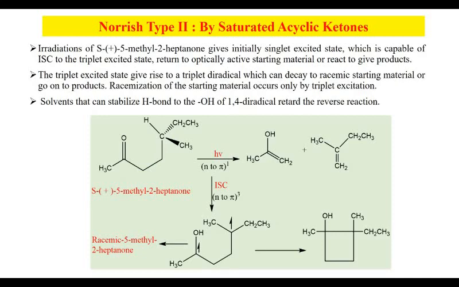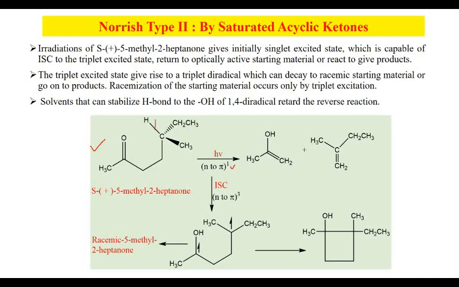Here is the Norrish type 2 reaction by saturated acyclic ketone. Here it is 5-methyl-2-heptanone. Initially, it is in singlet state as shown here.